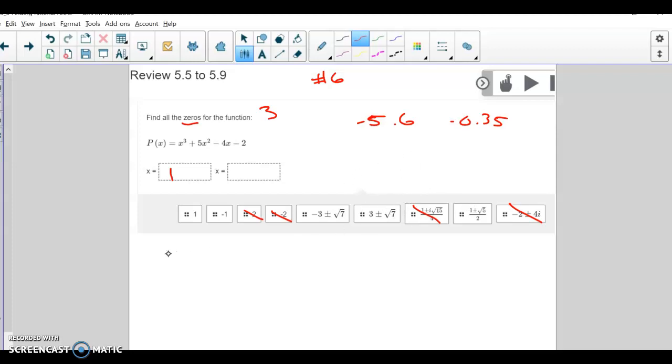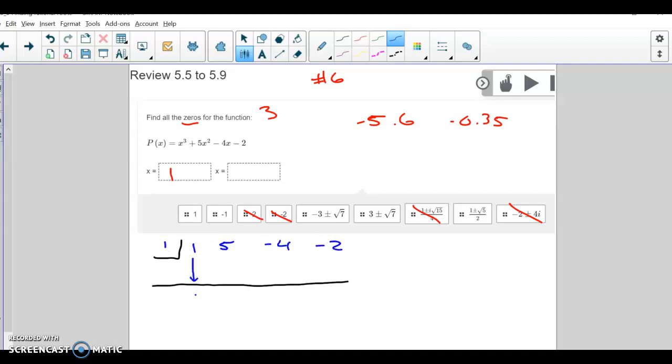Or the other route you could do is just continue the question by doing synthetic division and then solve what remains. Okay, so what that would look like is in the window, I would put my one rational answer of 1 and then do synthetic division. So I'd have 1, 5, negative 4, negative 2.